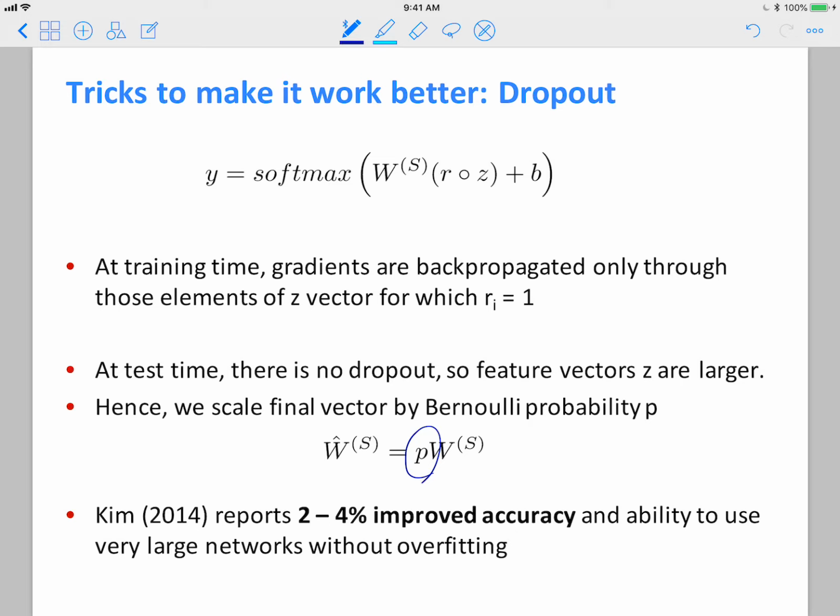At testing time, let's imagine it is a real-time face detection system, and we have to multiply p over and over at each layer's output, and that will introduce some amount of computational overhead, right? So how do we avoid that kind of thing?